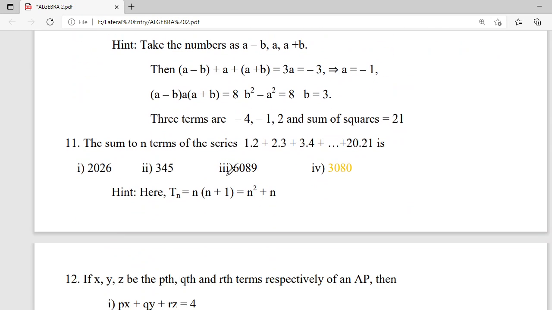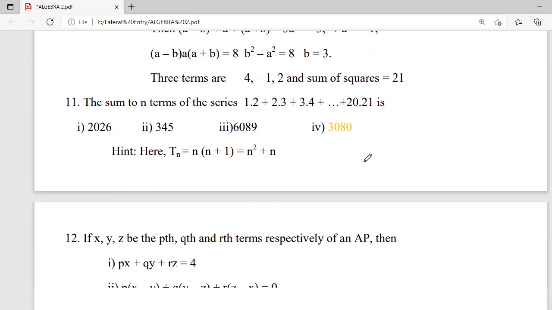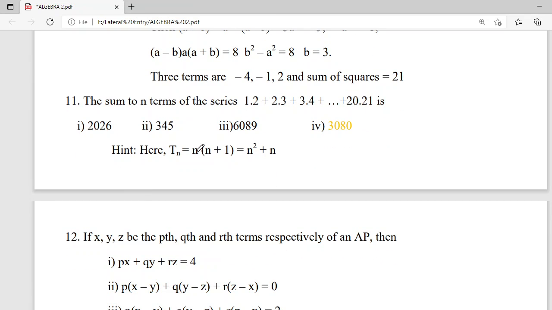Then the sum of n terms of the series, this one: 1 into 2, 2 into 3, 3 into 4. So for the nth term you try to make some pattern. So Tn is n into n plus 1. So it is n square plus n. So you make this summation.